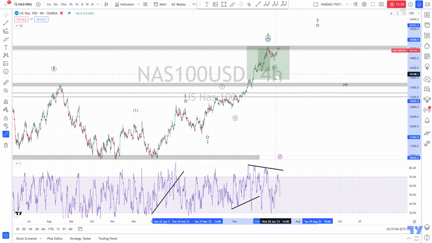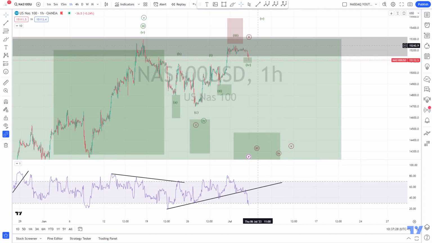Then it would mean that our 4 is in here and that we start a new cycle from here, wave 5 to the upside. But I cannot make this my primary scenario for now, because all the elements are here to make the pullback my primary scenario. Soon a pullback. So this is what I see for today.